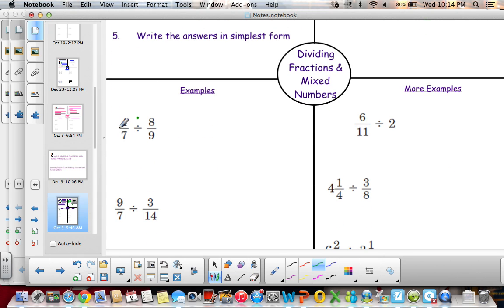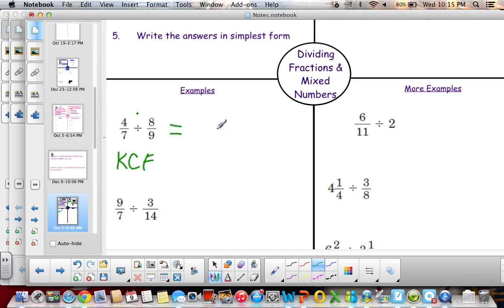So what does that mean? So if we have 4/7 divided by 8/9, we would keep our first fraction, so 4/7. We would change our division sign to multiplication, and then we would flip our second fraction.